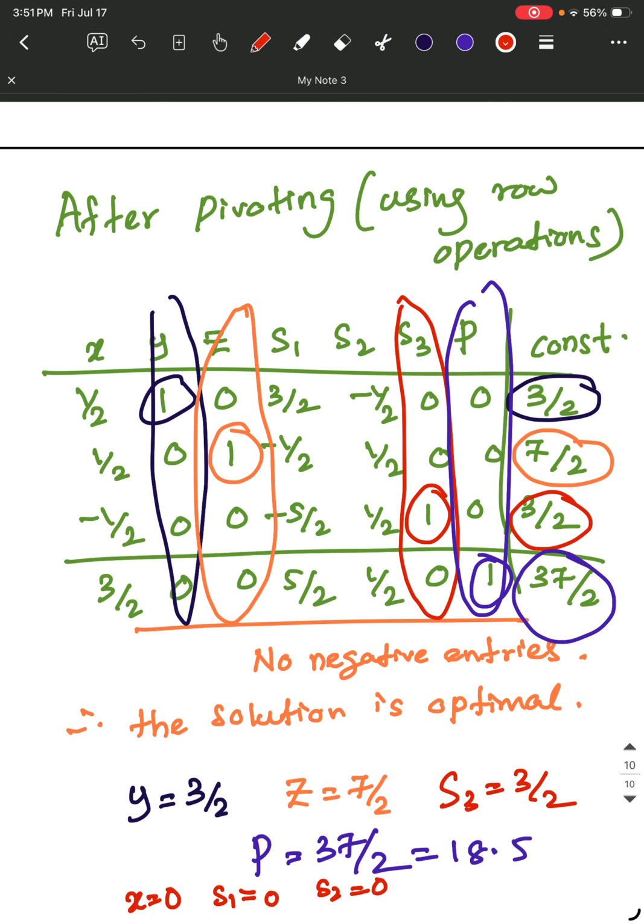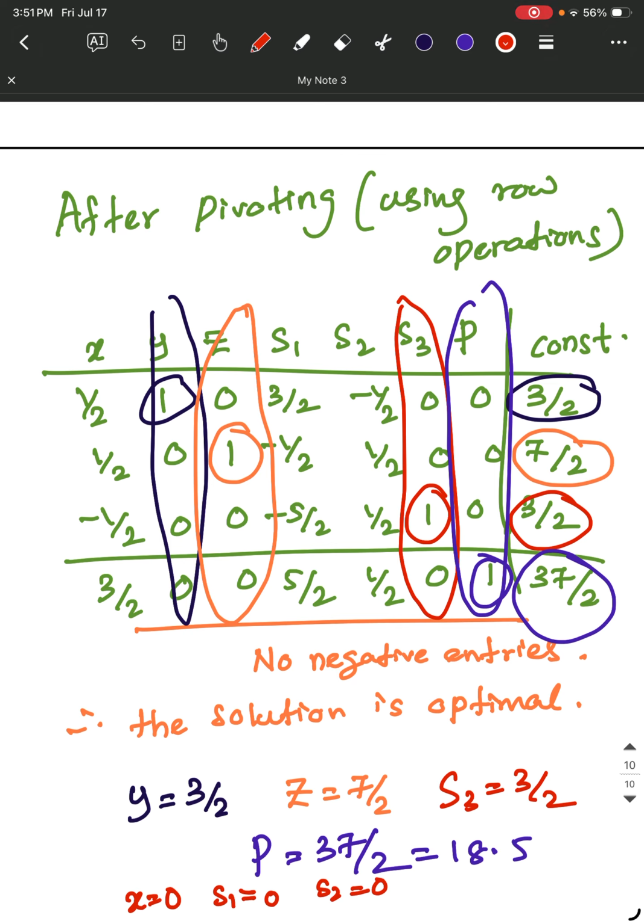First, we checked that the problem was in standard maximization form. Second, we introduced slack variables. Third, we wrote the initial simplex tableau. Fourth, we selected the pivot column by choosing the most negative entry in the bottom row. Fifth, we selected the pivot row using the smallest positive ratio.